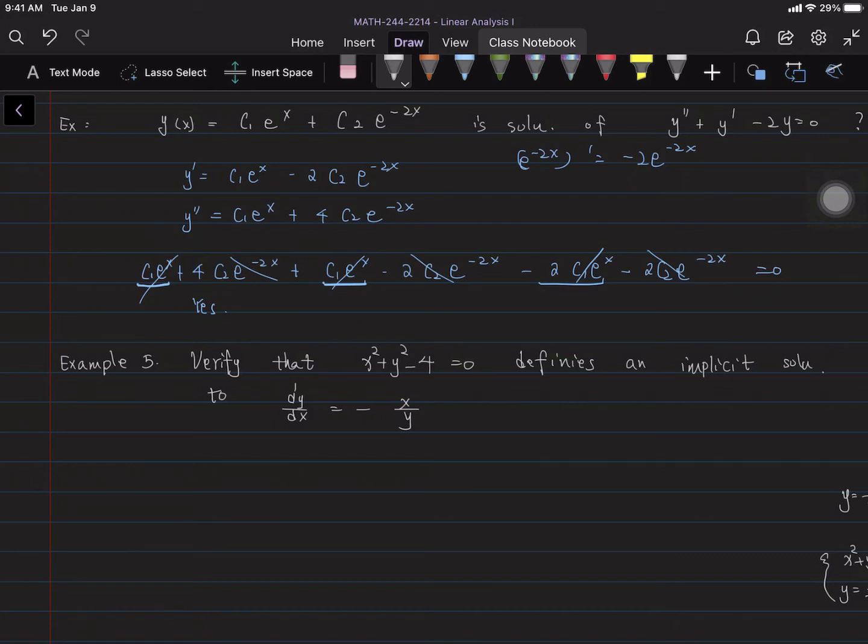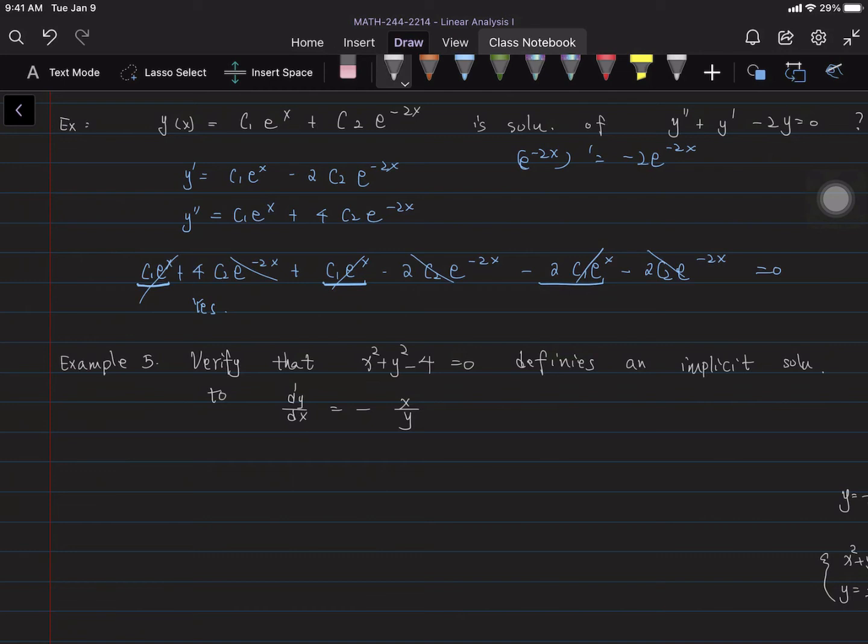Let's take a look at this one. So in this case, we cannot plug in the function like the last question, because in the last example we already had y equals f of x, right?